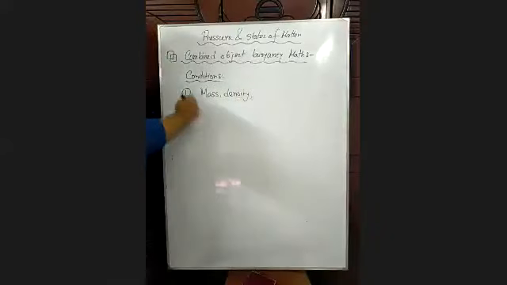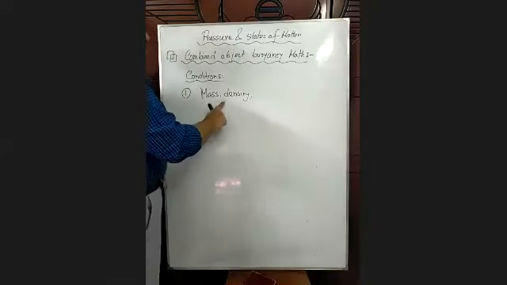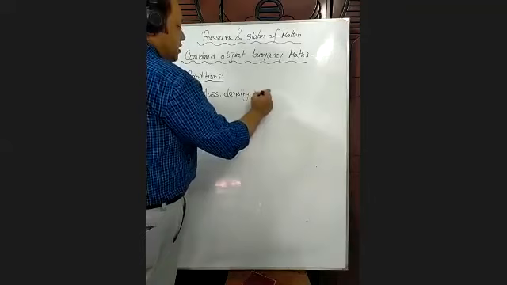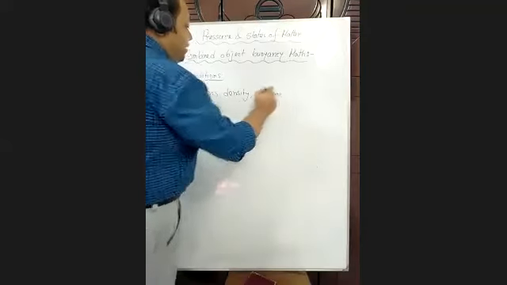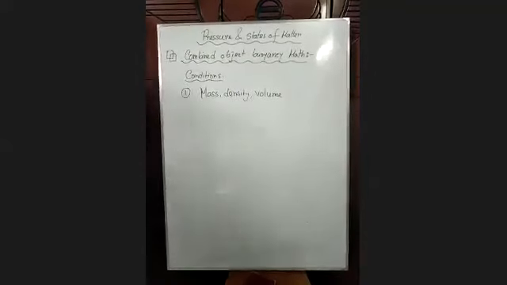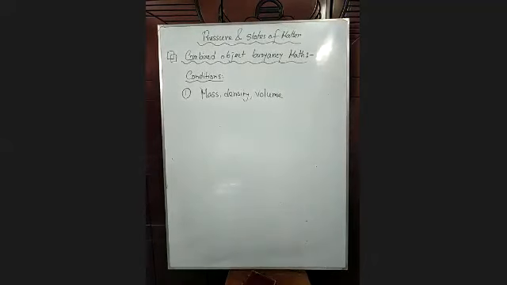Turn off your microphone and just listen to the lecture. Mass, density and volume. This is our first task. We have to maintain this condition. First, we will go for these three quantities for both objects, the rod and the wood.